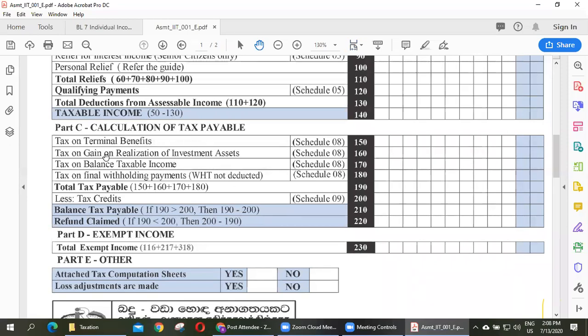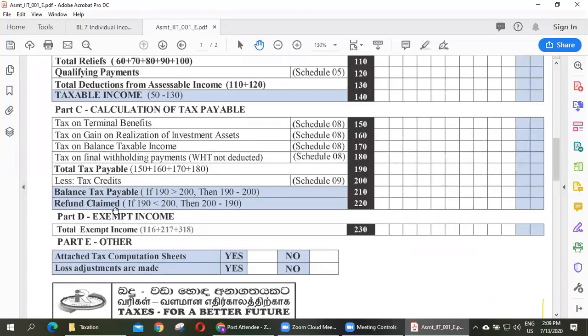The tax rates: there are four tax rates. For tax on terminal benefits, we will discuss what terminal benefit is, and gain on realization of investment assets, balance tax, income, withholding tax payment, and refund claim.